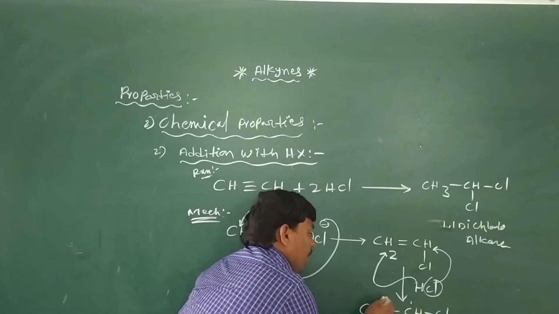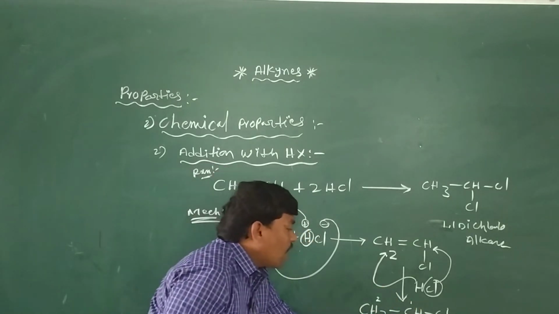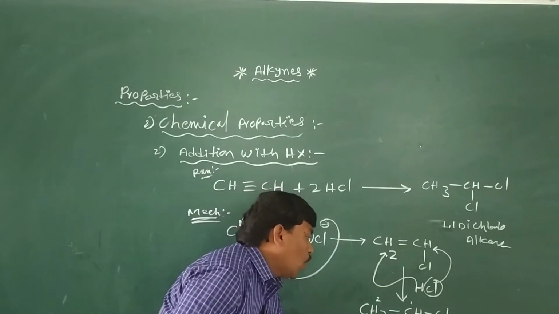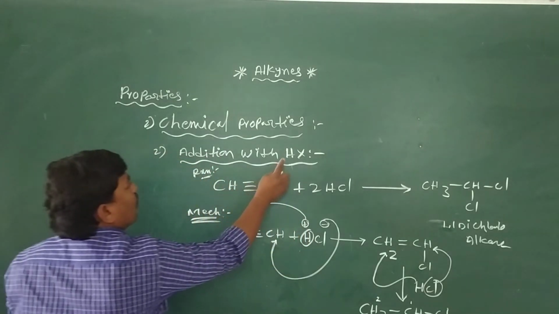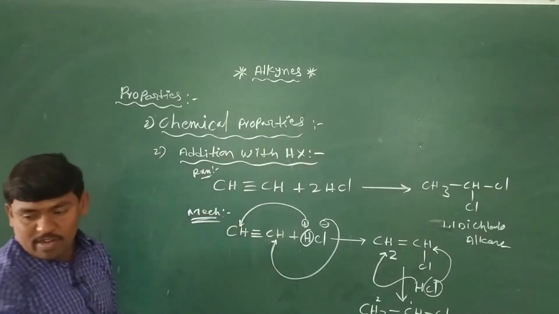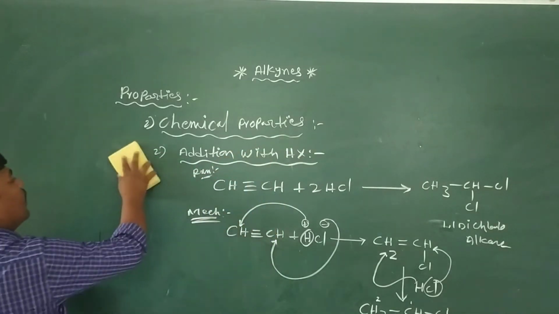This is carbon one, this is carbon two, so 1,1-dichloroalkane is formed. This is addition with hydrohalide.